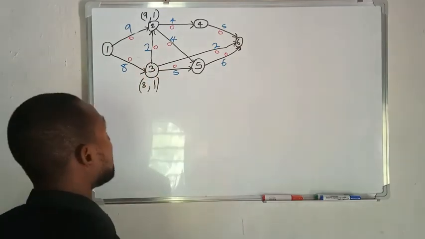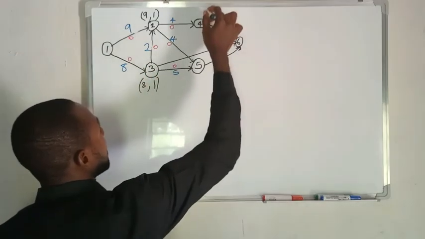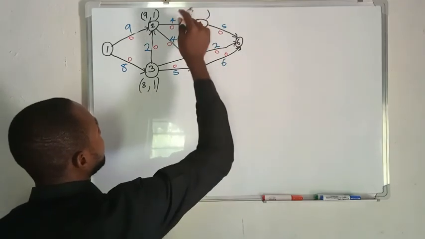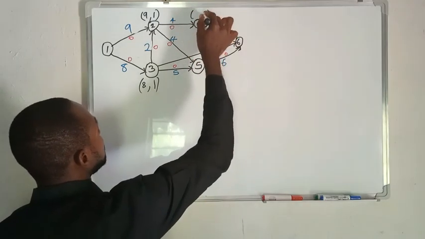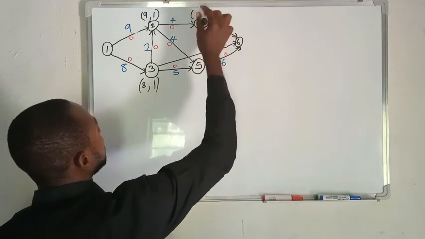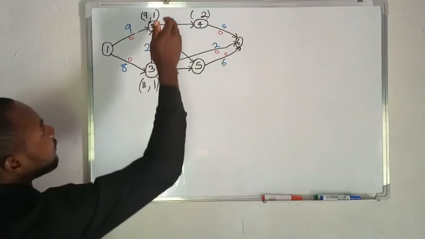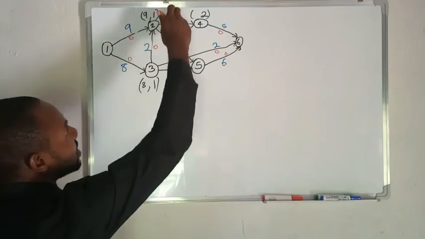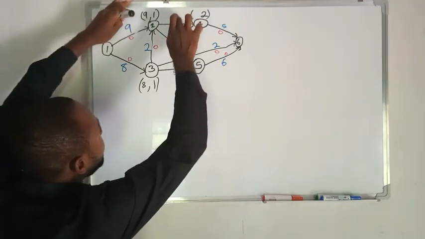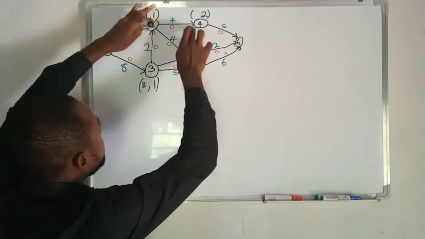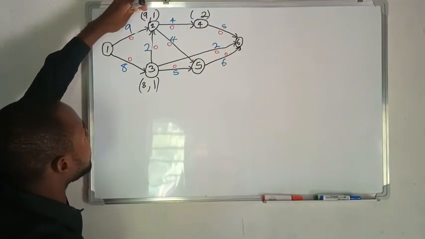And so how do we label 4? Almost the same thing. We have our brackets here, we write out 2 as the node, and for this place we will not be writing this capacity, but we will be comparing the capacity coming from 2 to 4 with what we have right here.